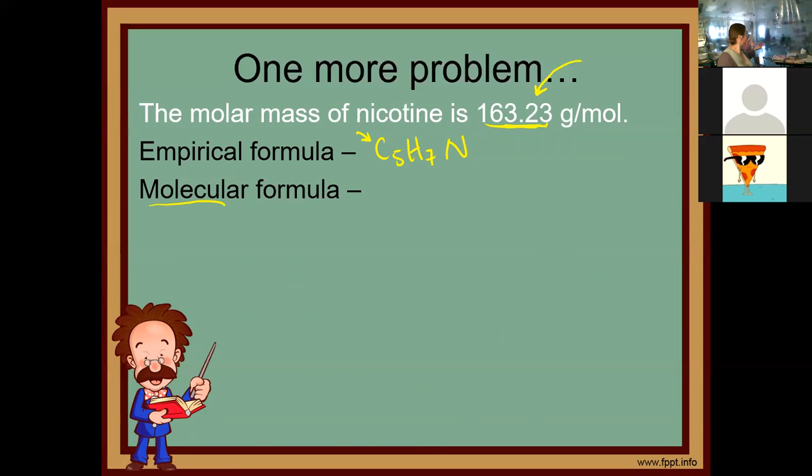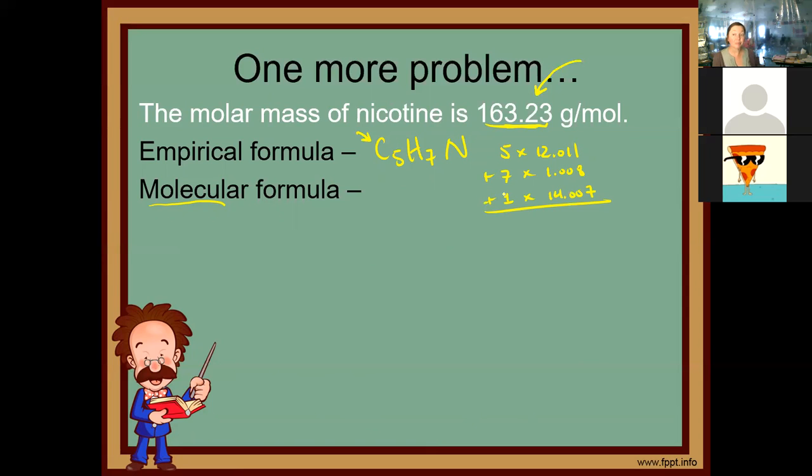Add up what? Exactly. We're going to find the mass of the empirical formula. So we're going to do 5 times carbon plus 7 times hydrogen plus 1 times nitrogen.